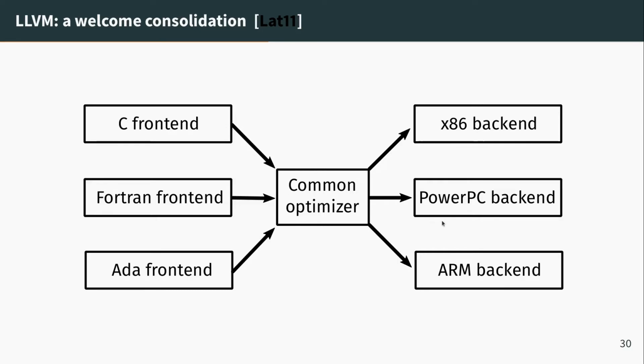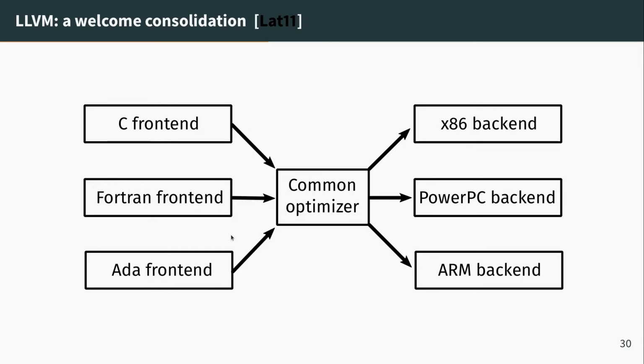And for a long time, it was hard to share insights and expertise between, like, GCC and a typical Fortran compiler, etc. But a project that really changed everything is LLVM. LLVM is a compiling framework that is both language agnostic and hardware agnostic.